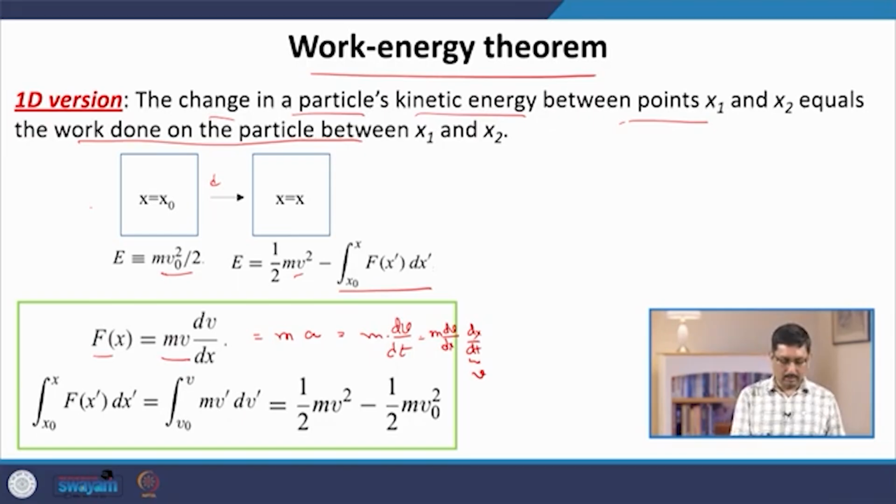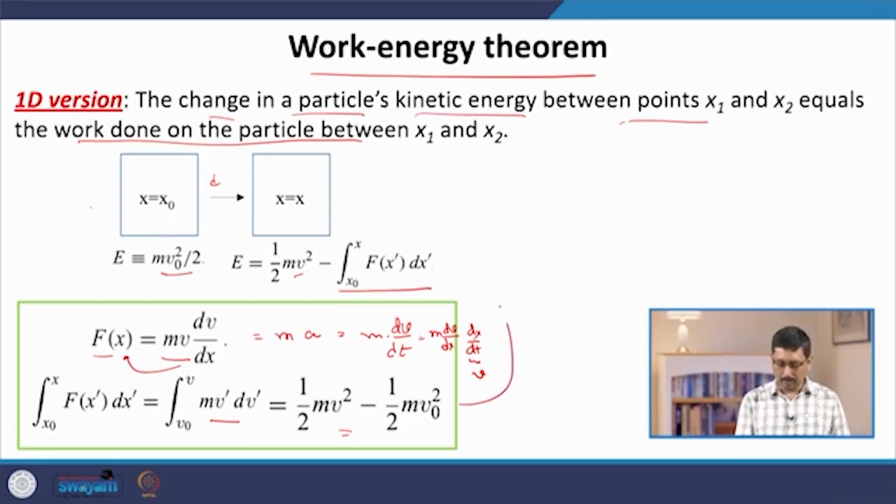Then we multiply both sides by dx and integrate from x naught to x. The right hand side is just the integration of mv dv, and it turns out to be equal to the change in the kinetic energy.